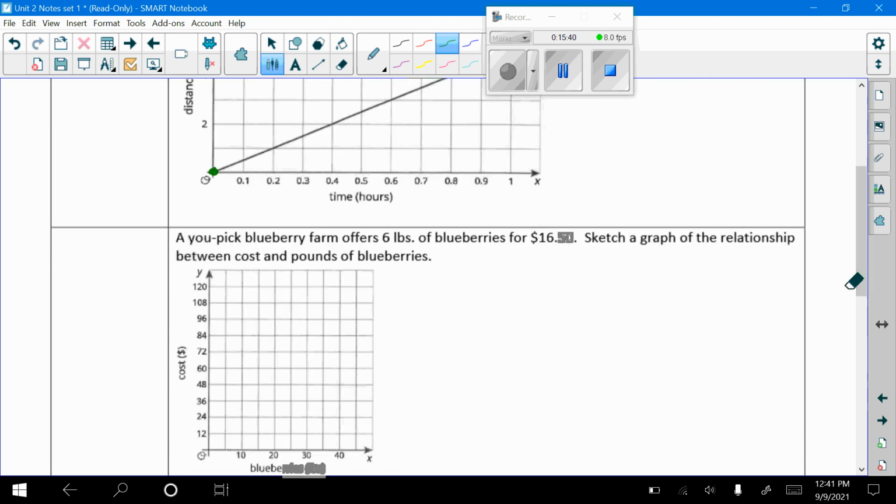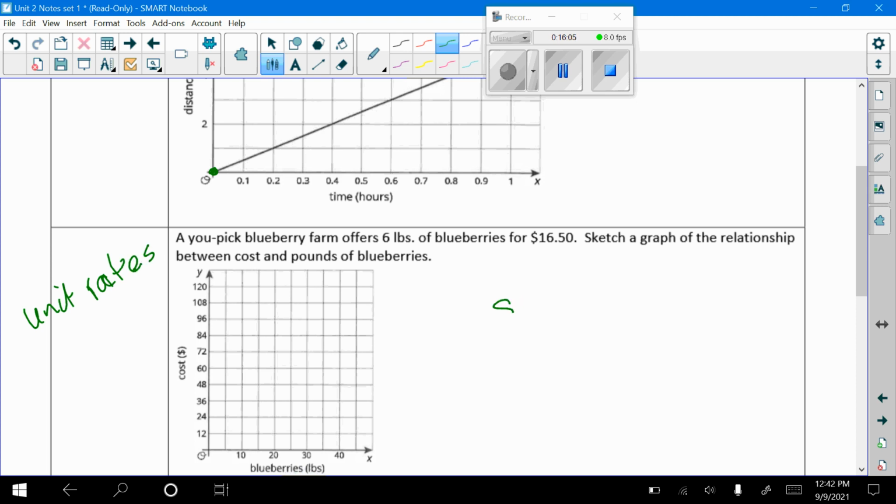Then we have you pick blueberries from the farm, offering 6 pounds of blueberries for this much money. Sketch a graph of the relationship between the cost and pounds of blueberries. With 6 pounds of blueberries, remember your unit rate. So find the unit rate.